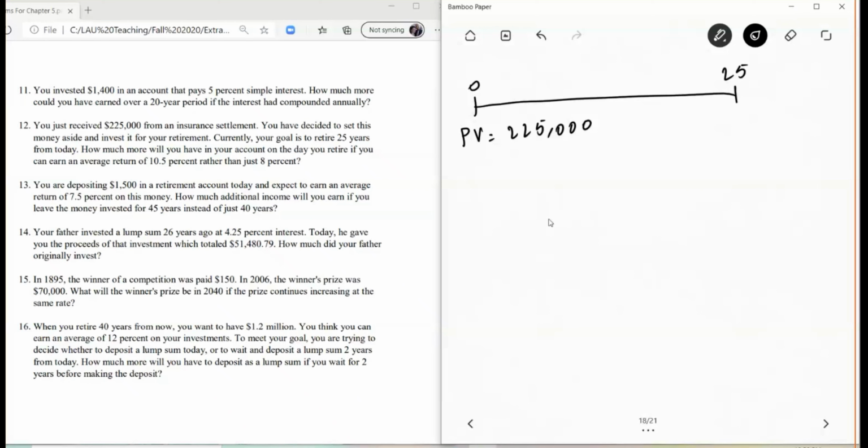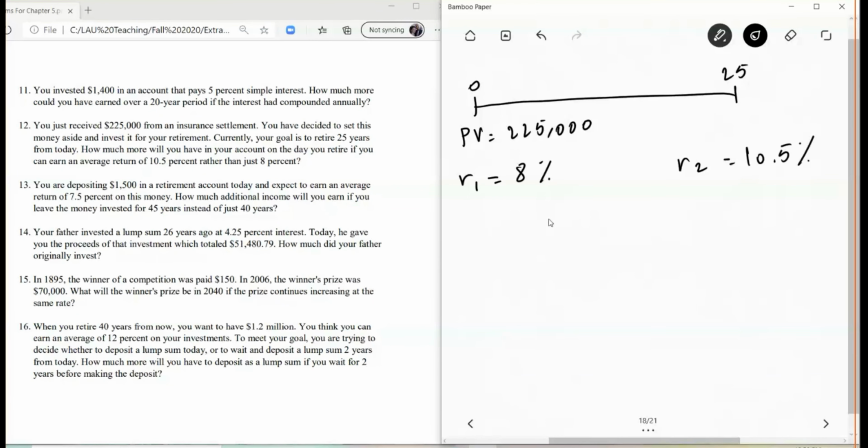So in this case, I need to find the future value twice. Once using a rate of return R equals 8%, and the second time using a rate of return R2 equals 10.5%.